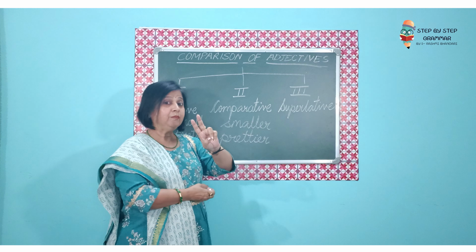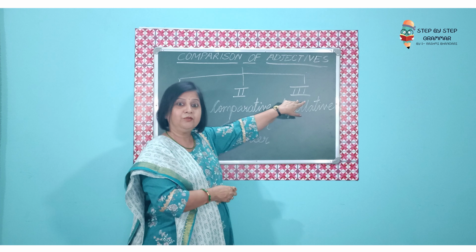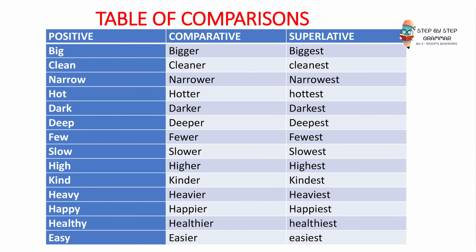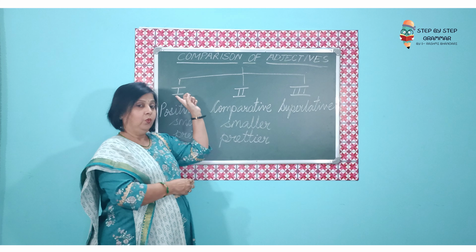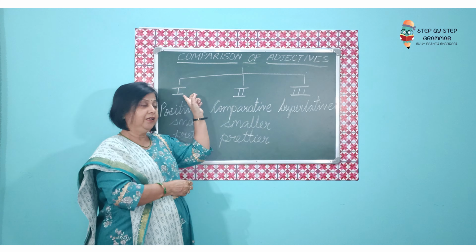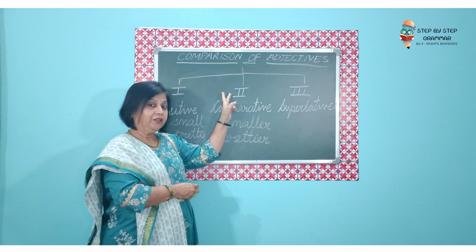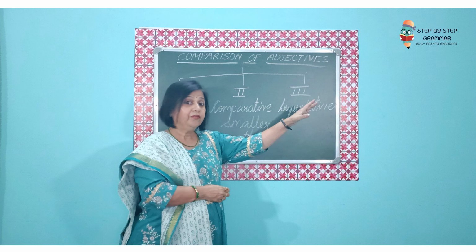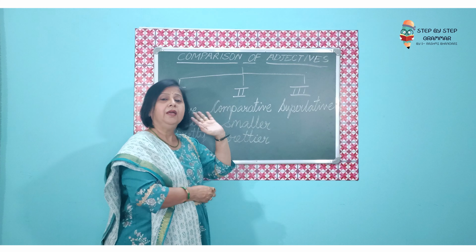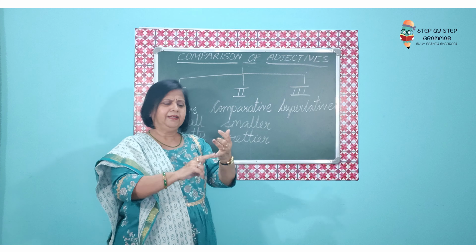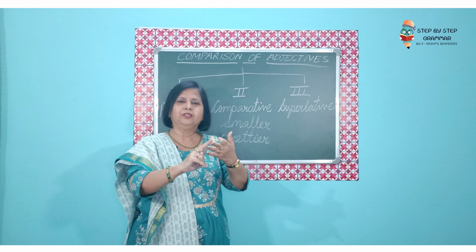Then when I am talking about three nouns or three pronouns and more than that, then we use the superlative degree. So again, one only the presence, single, over here comparing two things, and over here three and more. Now over here again same example, maybe I am comparing the rat, I am comparing the cat, and I am comparing the dog.